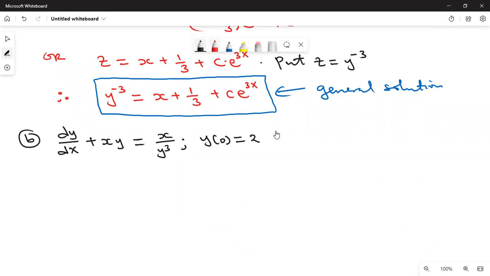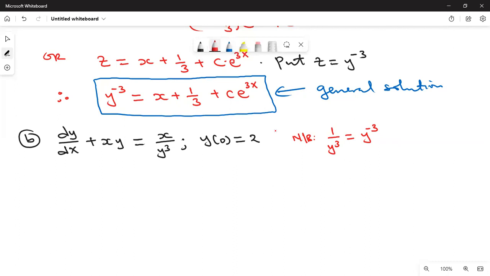Again, this is Bernoulli's ODE. We have to get rid of the y cubed. Remember, take note that 1 over y cubed is the same as y raised to negative 3. So for me to get rid of that y cubed, I have to multiply the whole of this equation by y cubed so that I get rid of the y from the right hand side. I expect that the right hand side should be purely functions of x only.